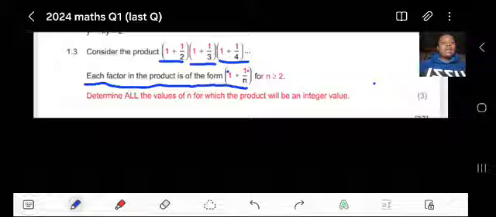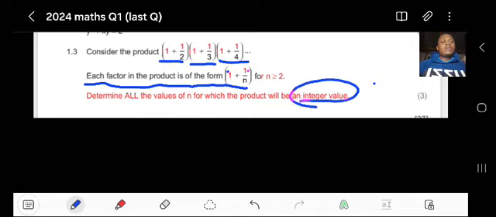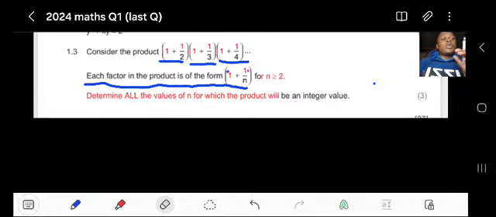We don't want numbers that have decimals, but integers. Even -1 is an integer, and -2 and 5 are integers. They've told us the product will be an integer.